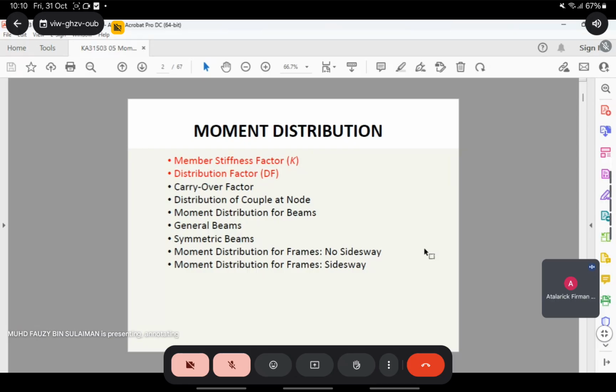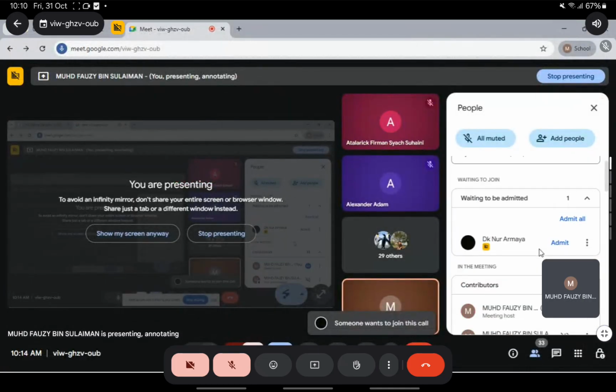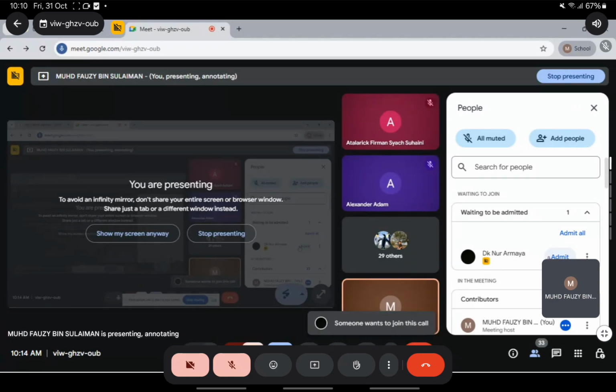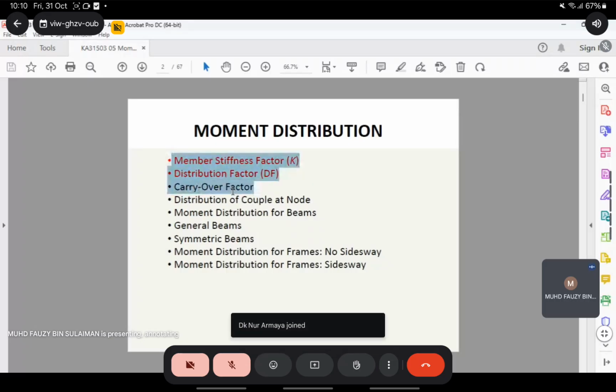Member stiffness factor, distribution factor and carryover factor, right doctor? Yes. You have to remember what the K is, what the distribution factor is, and what the carryover factor is. This is the very basic thing.